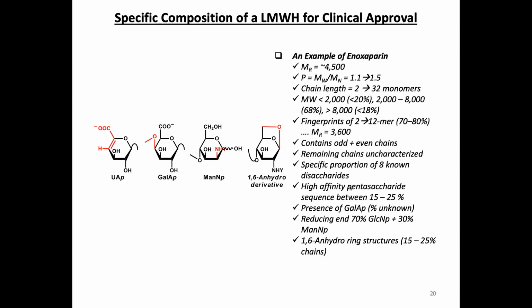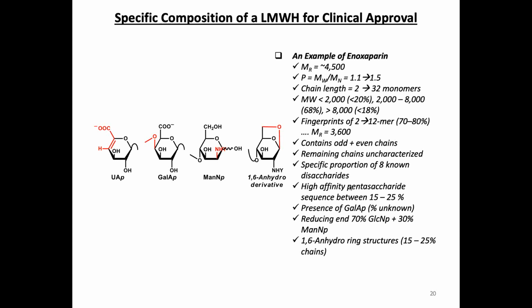So basically, Sandoz essentially said, this is the structure of enoxaparin, in which this particular entity, which has nothing to do with biological activity, is simply there because it was generated in the reaction.